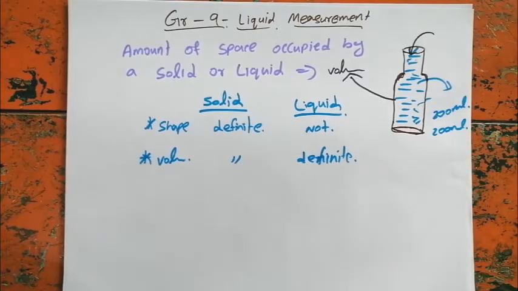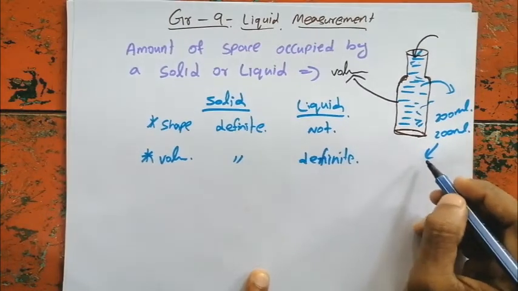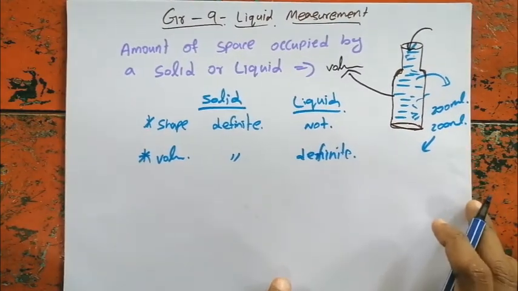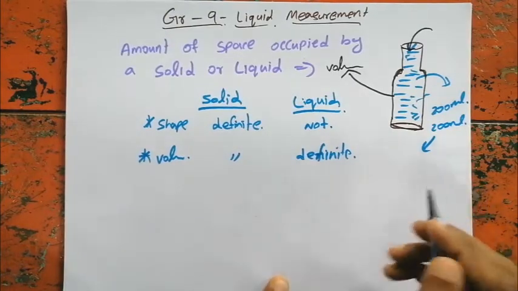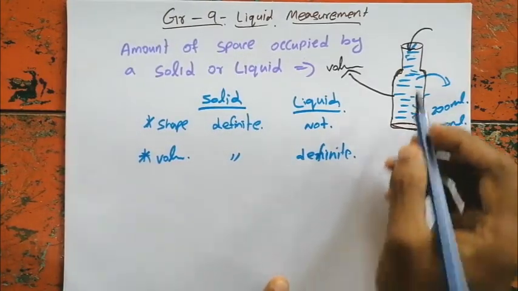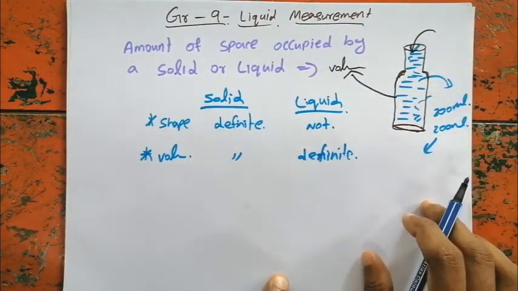Okay, so we add 200 milliliter, the same amount of liquid, into the containers. The first container is almost filled.